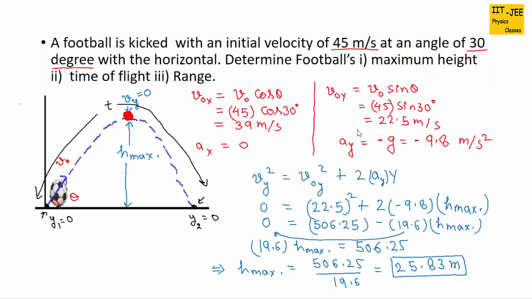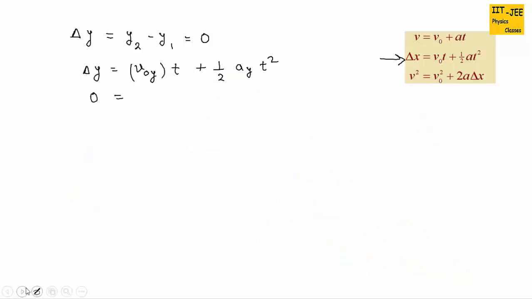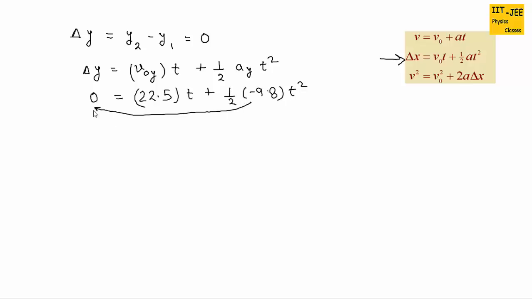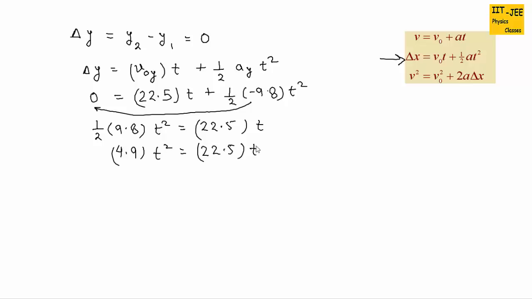V0y equals 22.5 meters per second times t plus half ay, which is minus 9.8, t squared. Now we will take this term to the left, so it will become half of 9.8 t squared equals 22.5 t, that is 4.9 t squared equals 22.5 t. One t would be cancelled out, so t equals 22.5 divided by 4.9. This will give us 4.59 seconds.